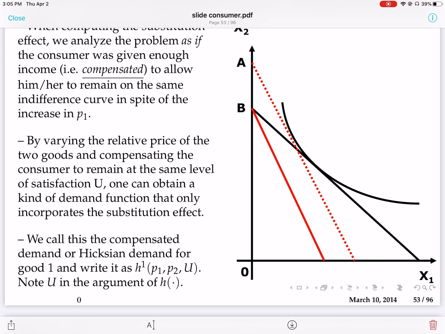So you might be very confused if you don't understand in detail what's going on in this most basic consumer theory. If you don't have a perfect understanding of it, you need to stop playing this video and go back to the previous material.